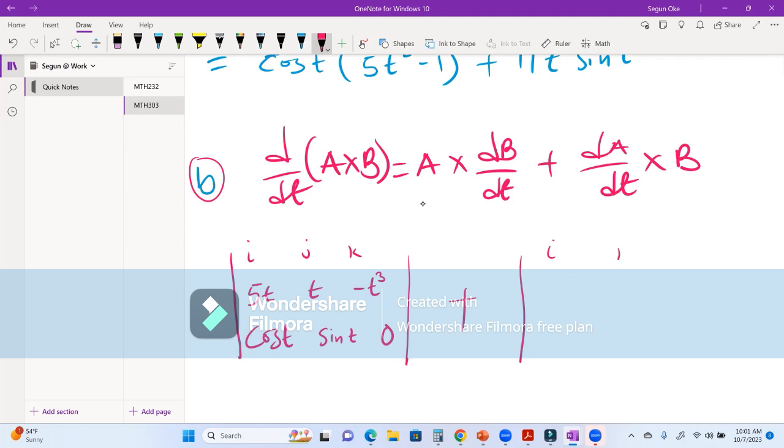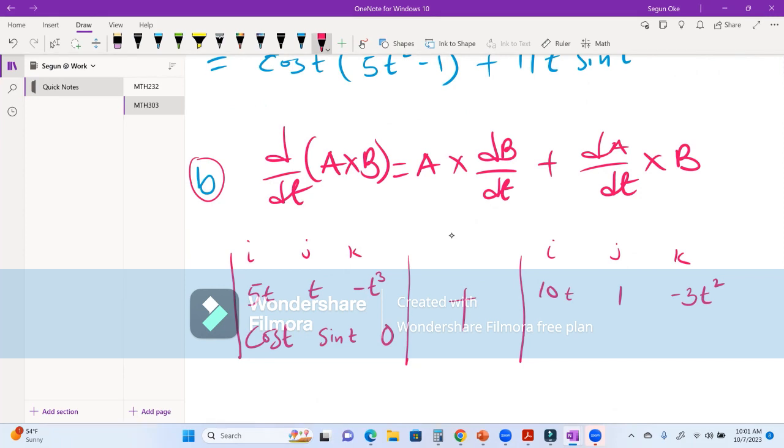You say this is I, J, K. What's the differentiation of A? The dA/dt is 10t i plus j, minus 3t squared.